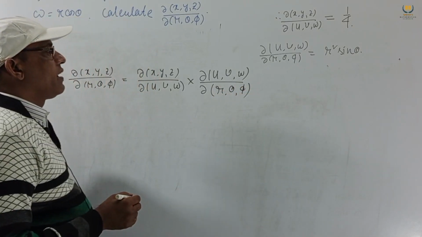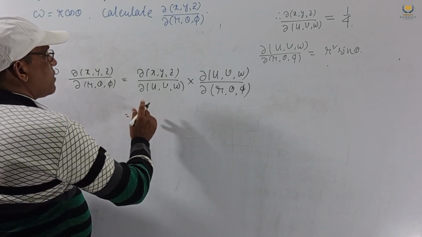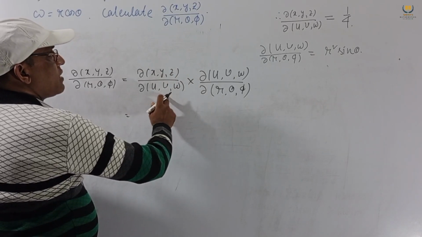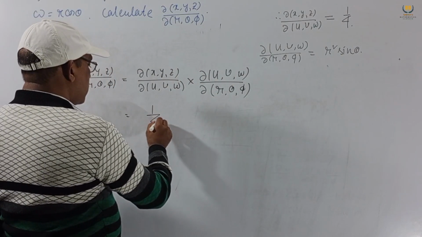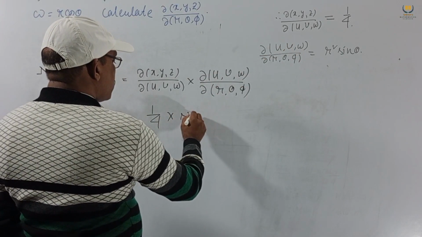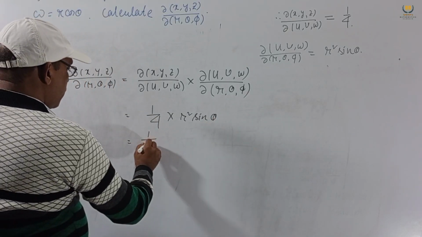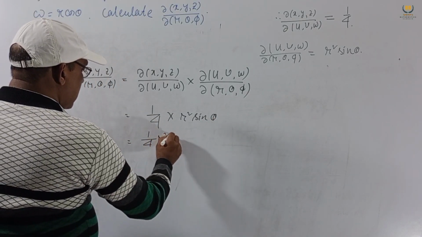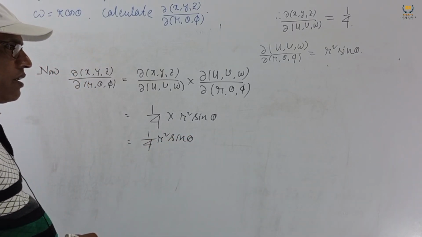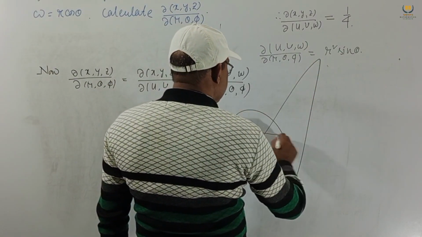This is by property 2. Second property, del(x, y) by del(u, v) means 1 by 4, and this value we just got is r square sin theta. So 1 by 4 r square sin theta. So we get finally this, and this is our final answer.